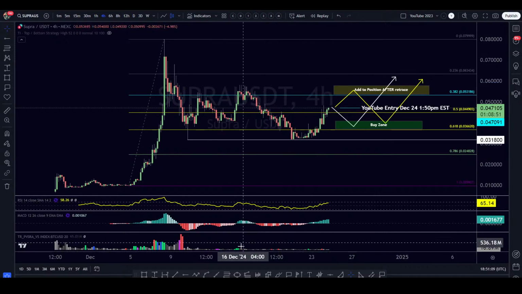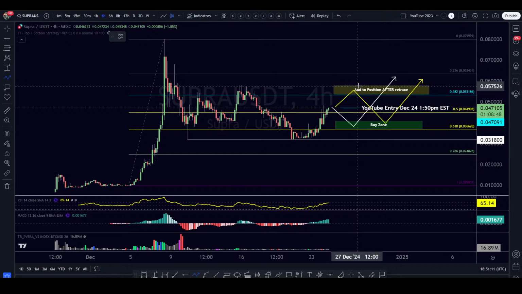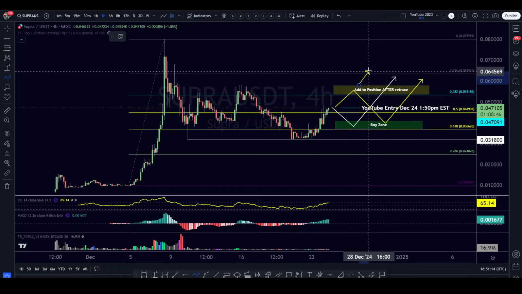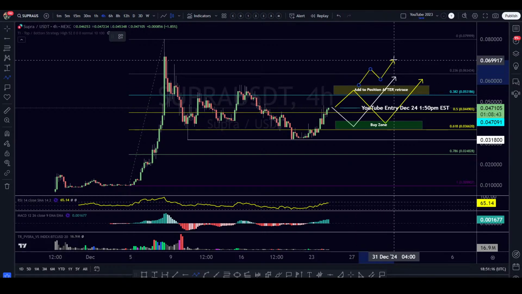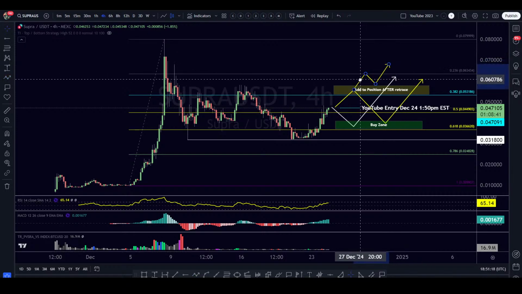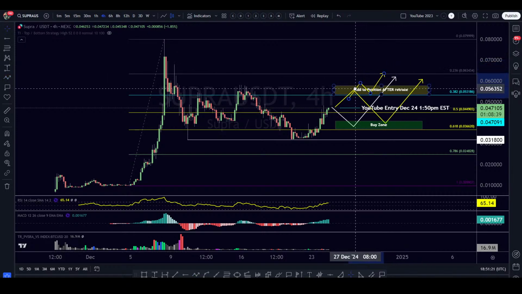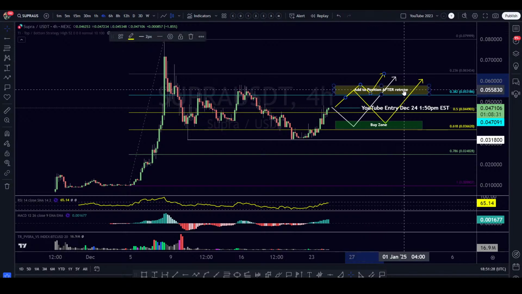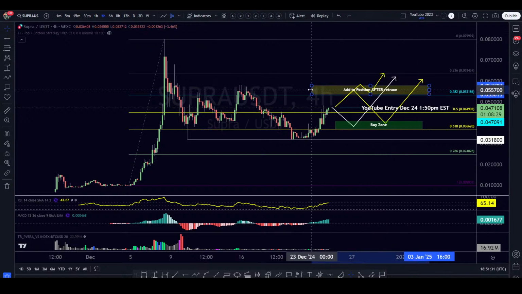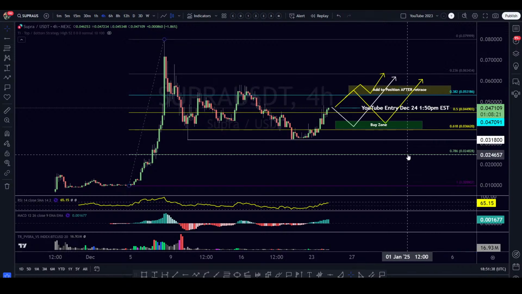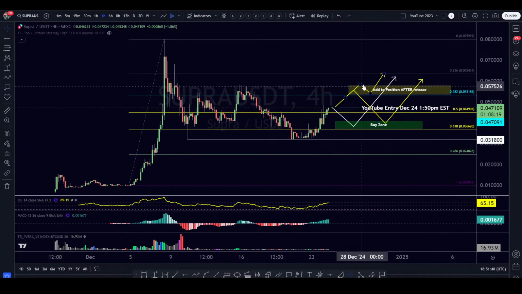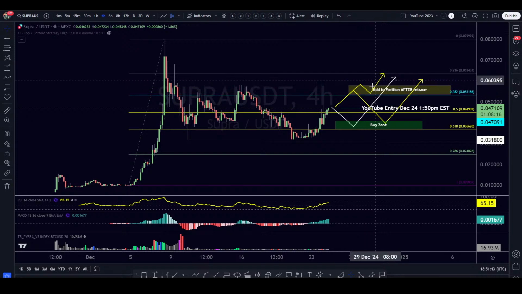So basically what I'm saying is once it breaks up or whatever, then it comes down, then it goes this, more than likely, hopefully this will be somewhere in here. Something like this. So it could come up, down, come up, then this is when you would add.